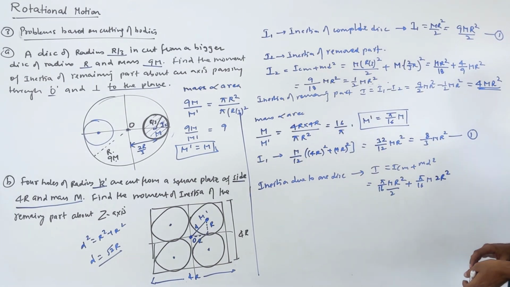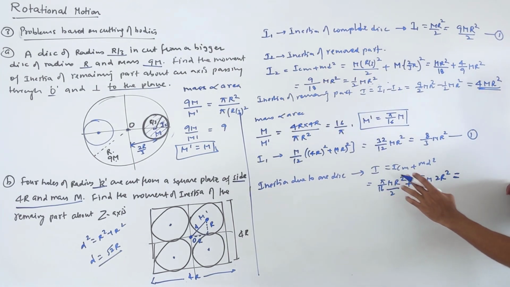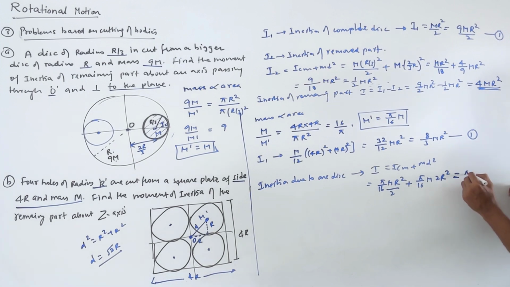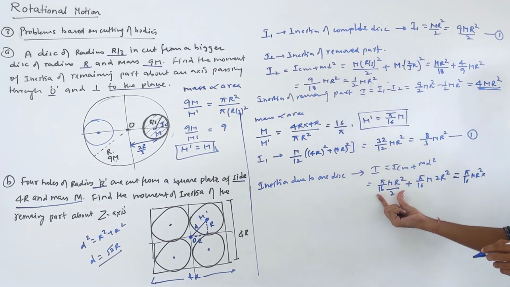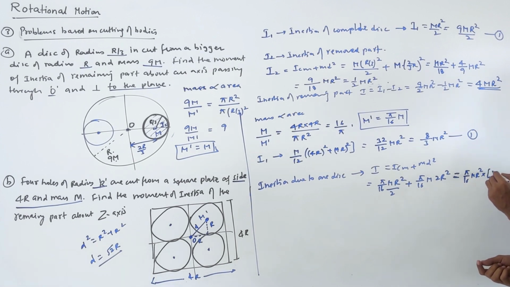Taking pi by 16 mr square common, what remains is 1 by 2 plus 2, which becomes 5 by 2.